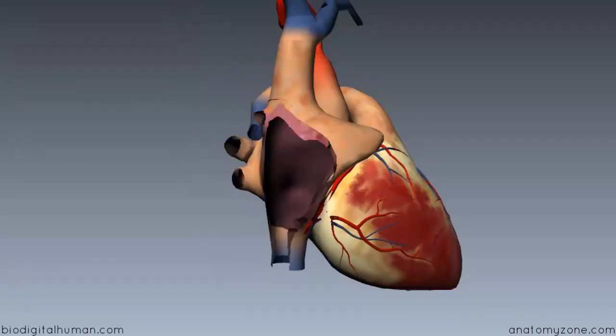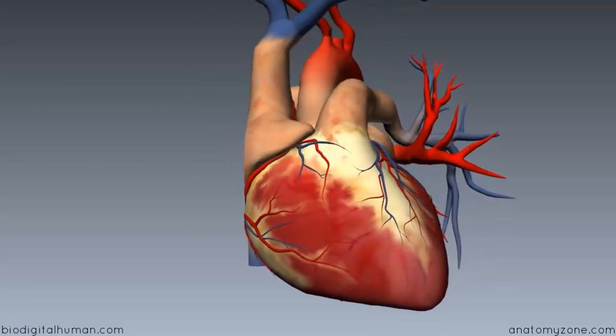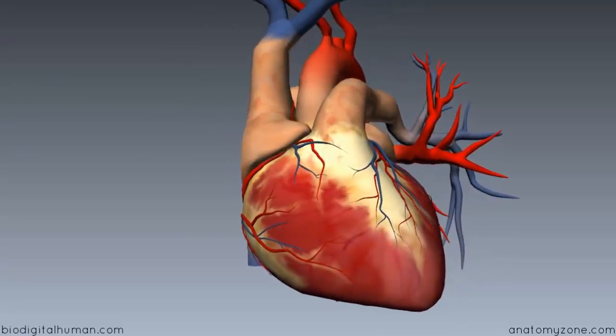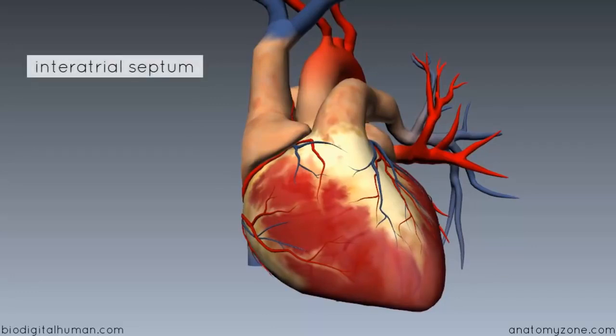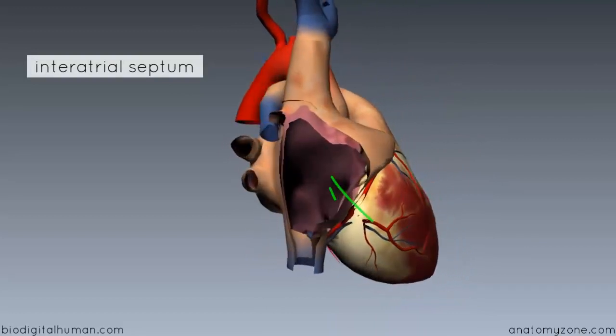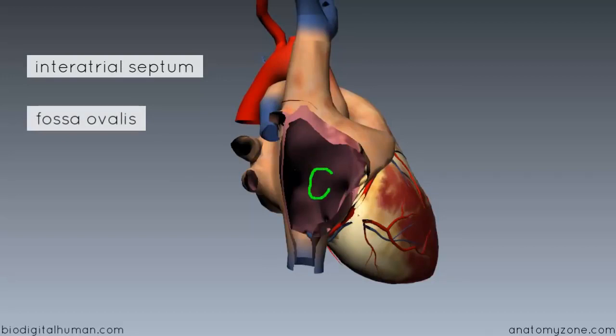Coming back to this sliced heart, between the right atrium and the left atrium you've got this septum called the interatrial septum. If we rotate around the model, this wall here forms the interatrial septum. Something which isn't shown on this model is the fossa ovalis. As the name suggests, this is an oval-shaped depression.